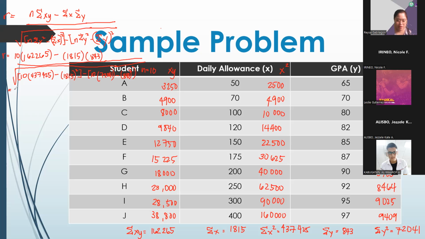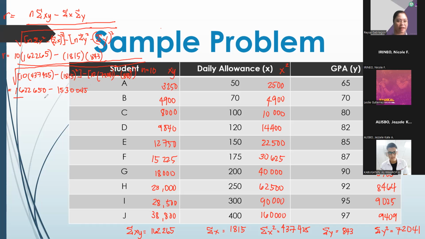So we may proceed. 10 times 162,265 is 1,622,650 minus 1,815 times 843, which is 1,530,045.